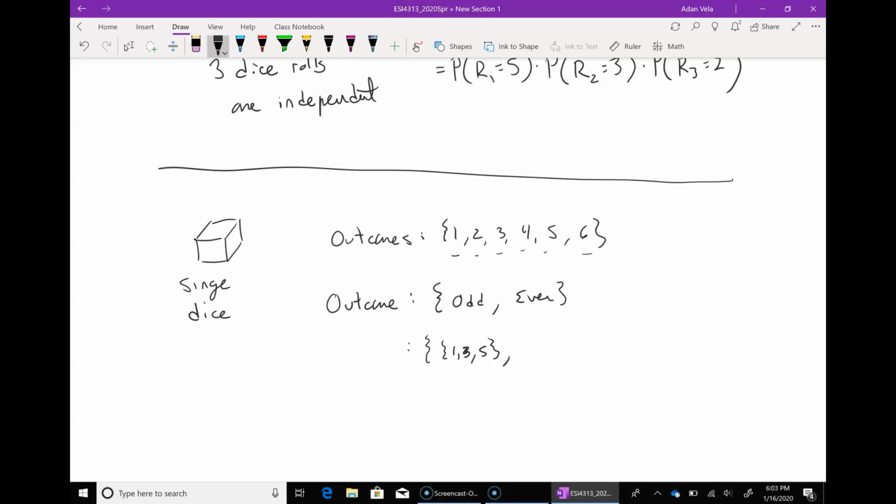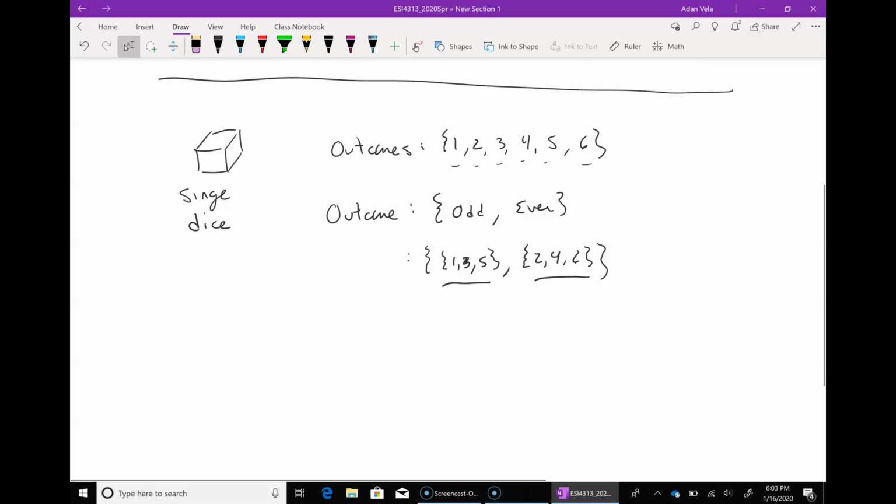And the set of even rolls is 2, 4, and 6. So in that sense, 1, 3, and 5 is mutually exclusive from 2, 4, and 6 because they don't have any overlapping values.